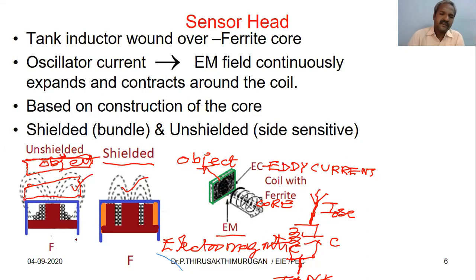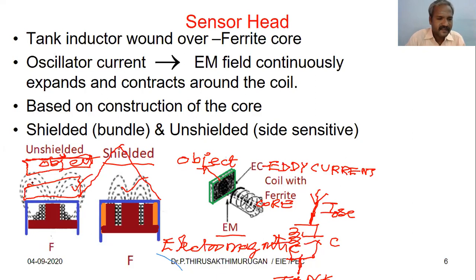Based on the construction of the core, we can have two types of proximity sensor. Shielded means it detects only the object directly in front. Say this is a shield, so it detects only in this area, only the directional object.